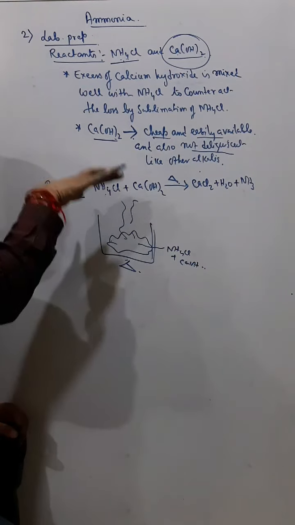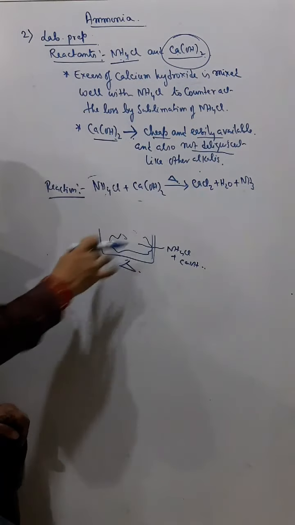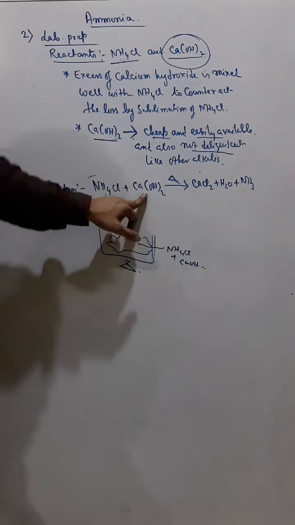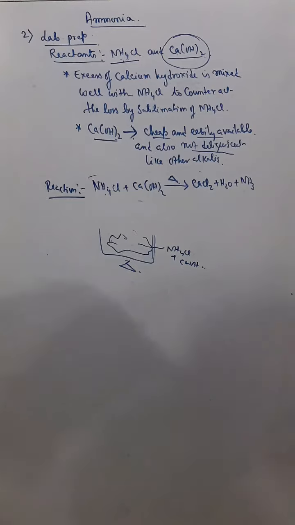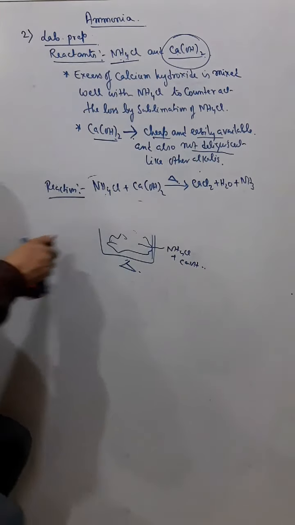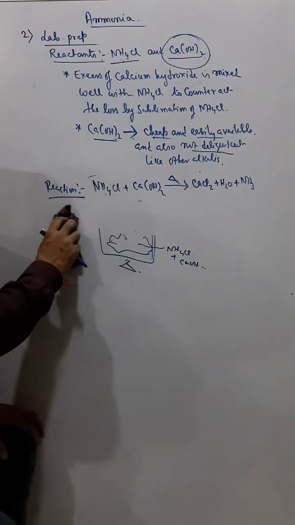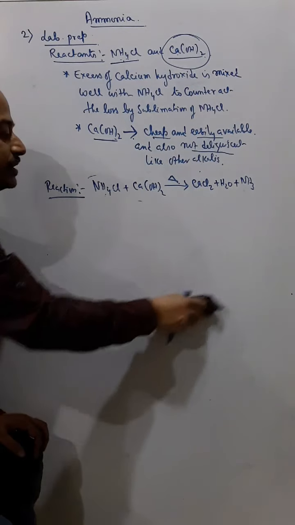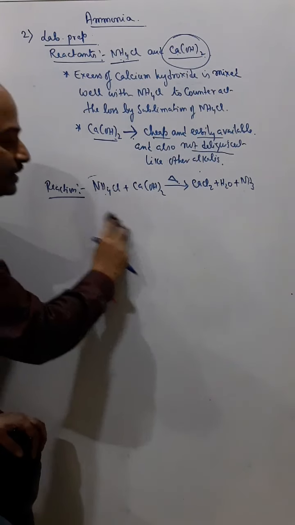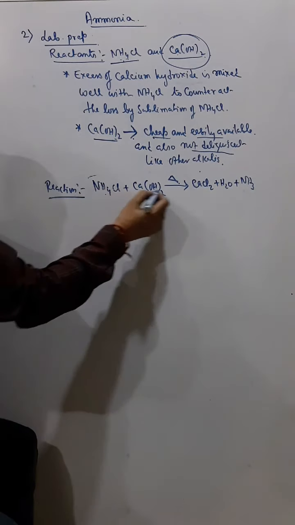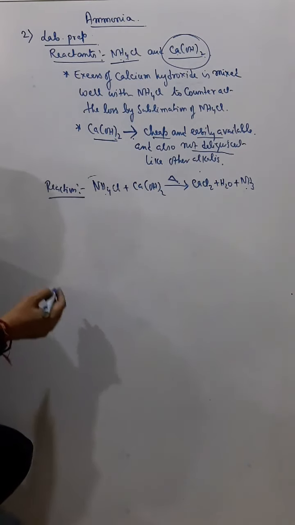So to minimize this sublimation, we take a higher ratio of calcium hydroxide, thoroughly mixed with ammonium chloride, so that ammonium chloride sublimes at a very minimum rate. So therefore the reaction occurs, and then we get ammonia.